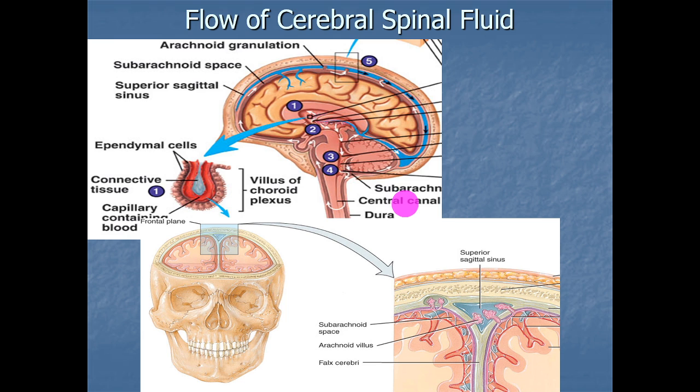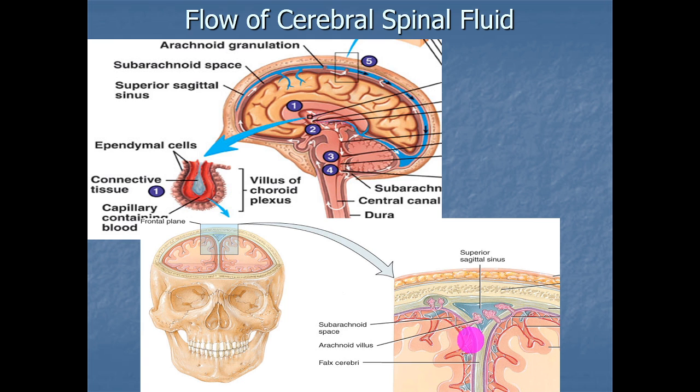Hydrocephaly is where you have water on the brain. Hydro means water, cephaly means brain. So you have water on the brain, essentially. It's the cerebral spinal fluid. And what it does is it just fills up this subarachnoid space, fills up the sagittal sinus, and if you get too much fluid in there, it'll push on the brain.